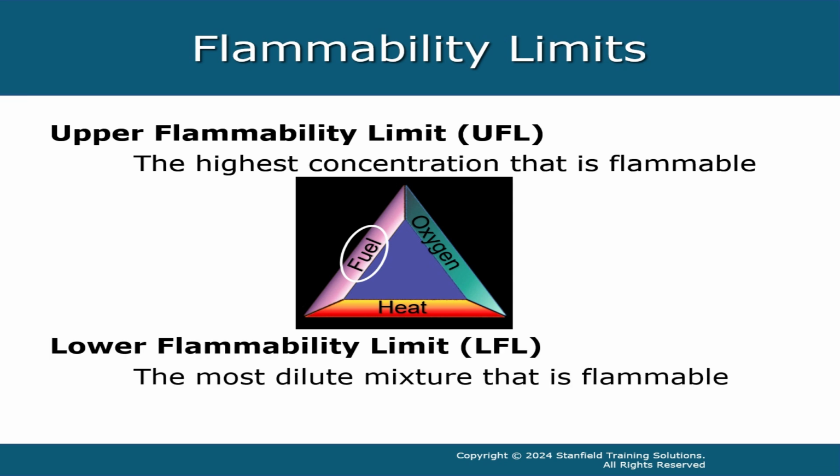The lower flammability limit is the lowest concentration of flammable vapor that will burn. Below the lower flammability limit, the vapor will not burn. So if we keep fuel concentrations outside of these limits, we have effectively removed fuel from the combustion triangle.